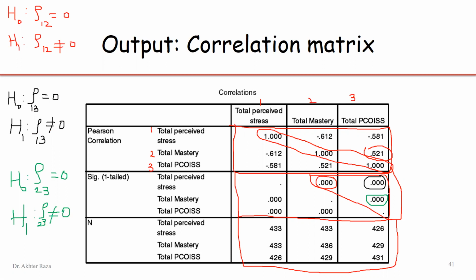With the green font, I wrote down the correlation between the mastery control and the PCOISS, which are the two predictors. If this correlation is very high, like 0.8 or above, this may cause multicollinearity.